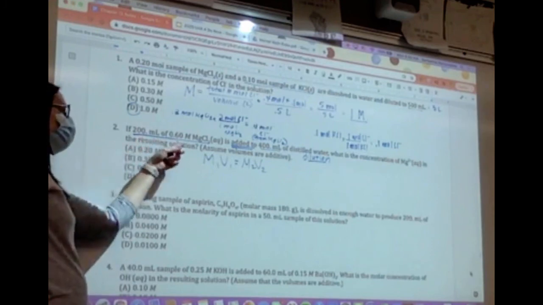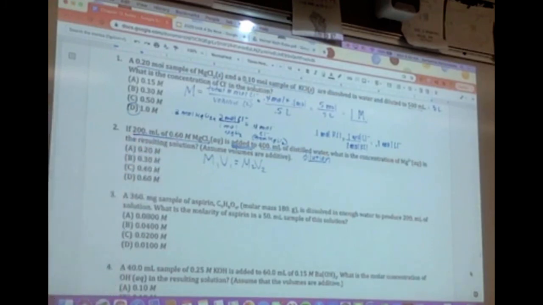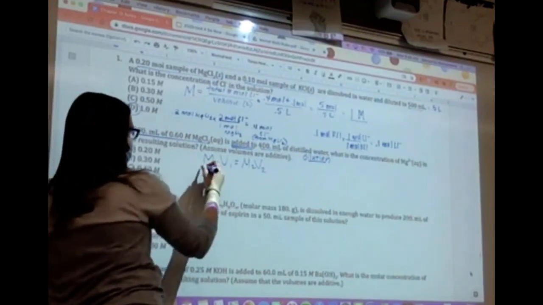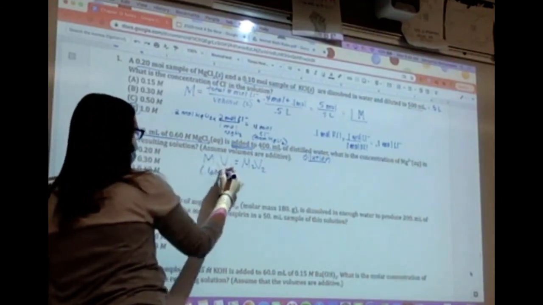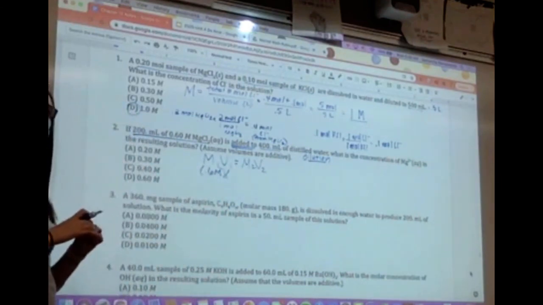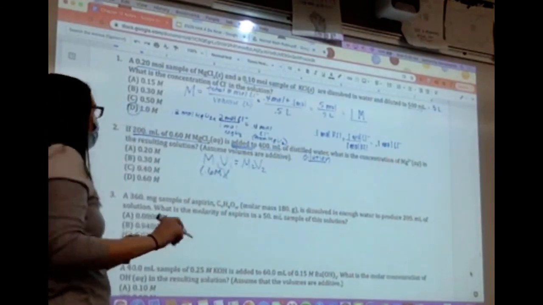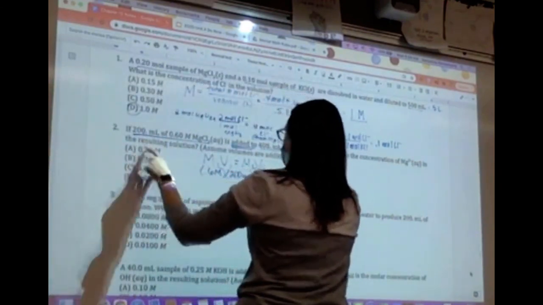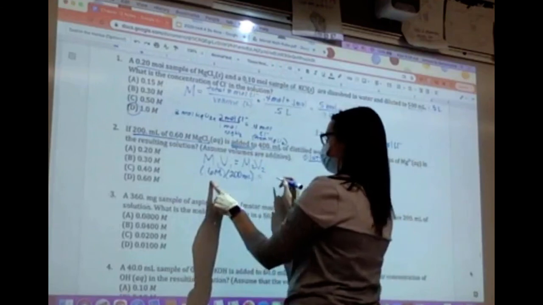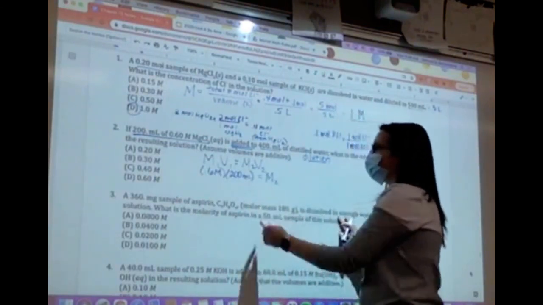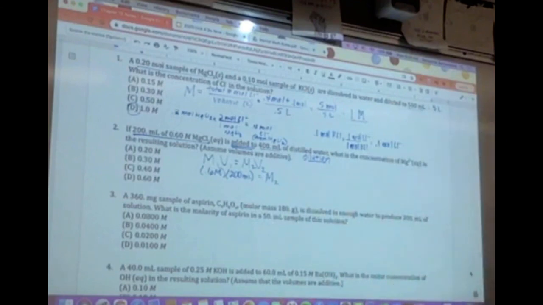So 200 milliliters and 0.6 molar MgCl2 goes together, so I'll just make that my ones. As long as your volumes are the same unit, you don't have to convert. So I have 200 milliliters of 0.6 molar. I'm trying to find the new concentration at a new volume.